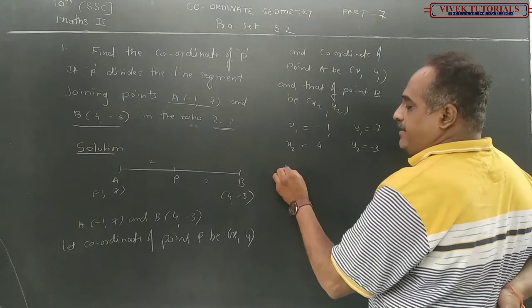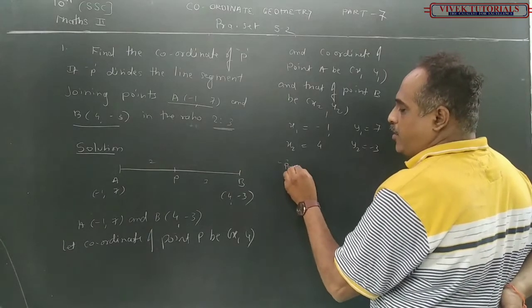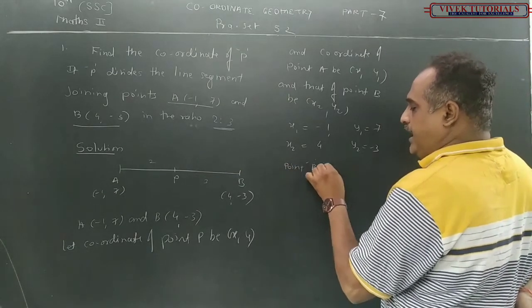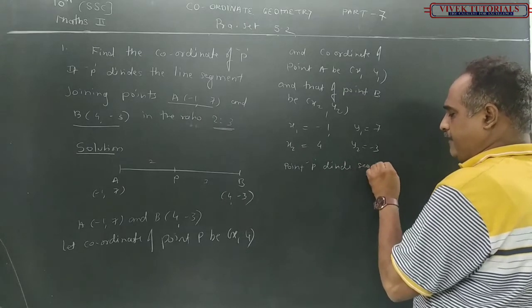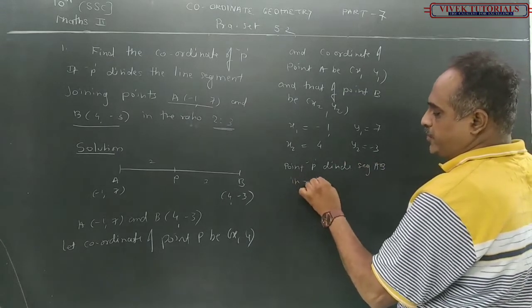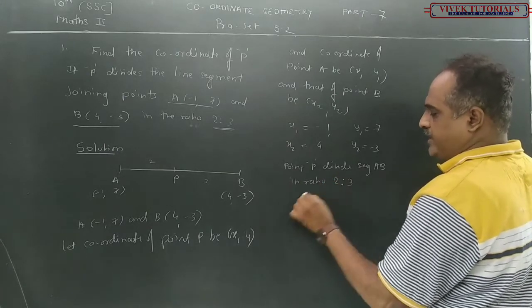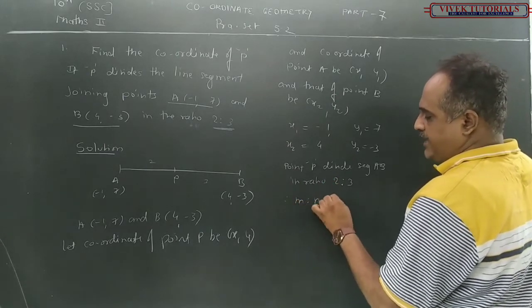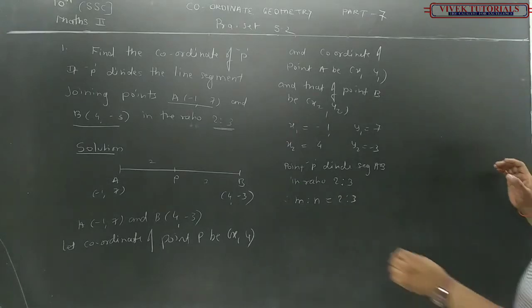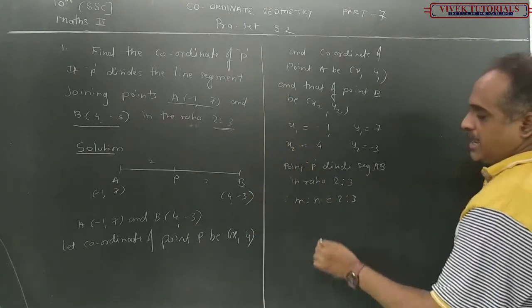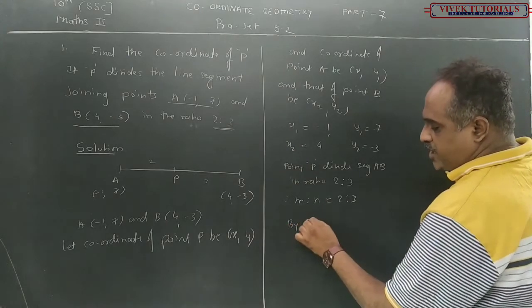And point P divides segment AB in the ratio 2:3. Therefore, m is to n is equal to 2:3. Now, what you are going to do is apply the section formula.